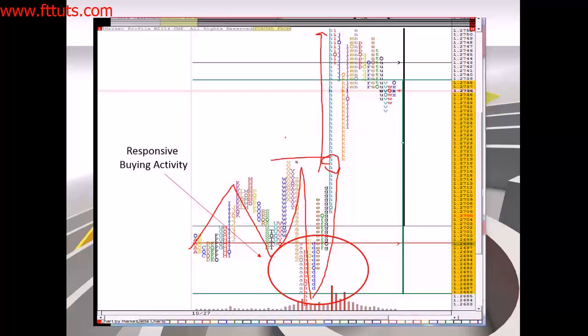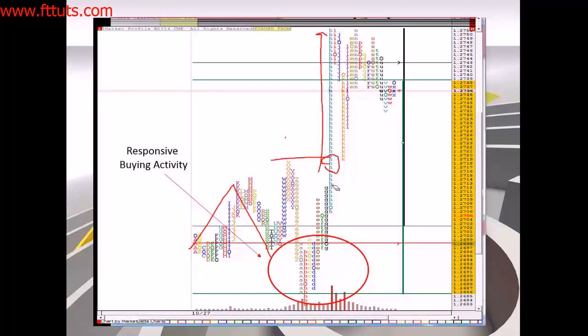Now, another thing that I would like to draw your attention to, we talked about the buying tail down here. See the letter B? This is what we call a buying tail. In this case, it's a small buying tail.